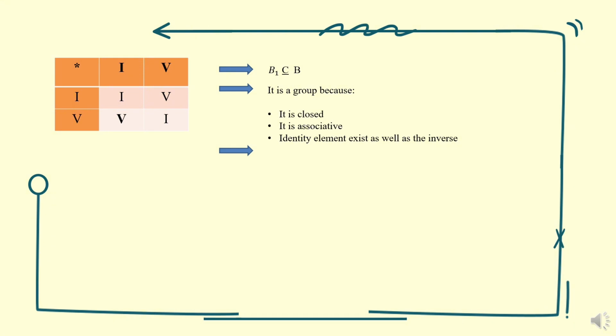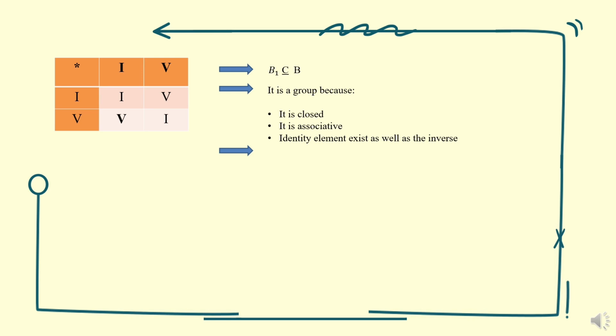Is it true that it is closed? Yes. Why? Because if we flip the table, we can get the same positions of our elements. In that way, we can say that this table is associative.